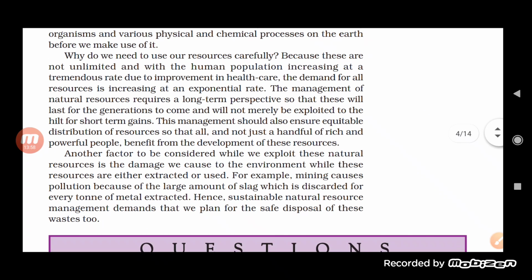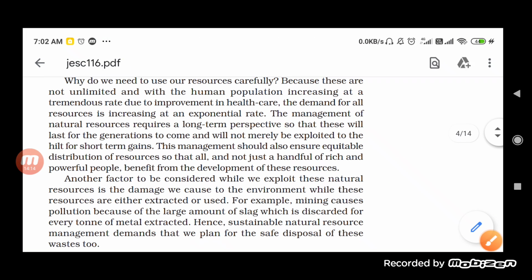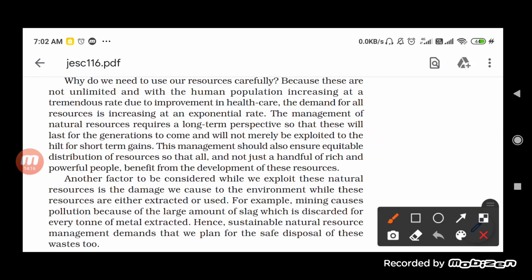There are a lot of reasons why there is a need of protecting our resources. The first is the rapid increase in human population: the demand for resources has increased day by day. The human population is increasing at a tremendous rate due to improvement in healthcare, and the demand for resources is increasing at an exponential rate.